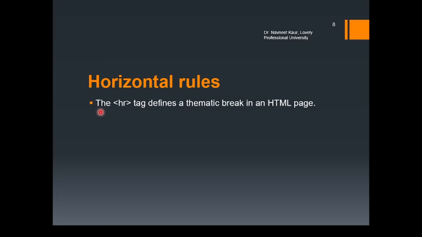This can be achieved with the help of horizontal rules. This is an HR tag that defines a thematic break in an HTML page, and it is also called the horizontal rule, represented as the HR tag.